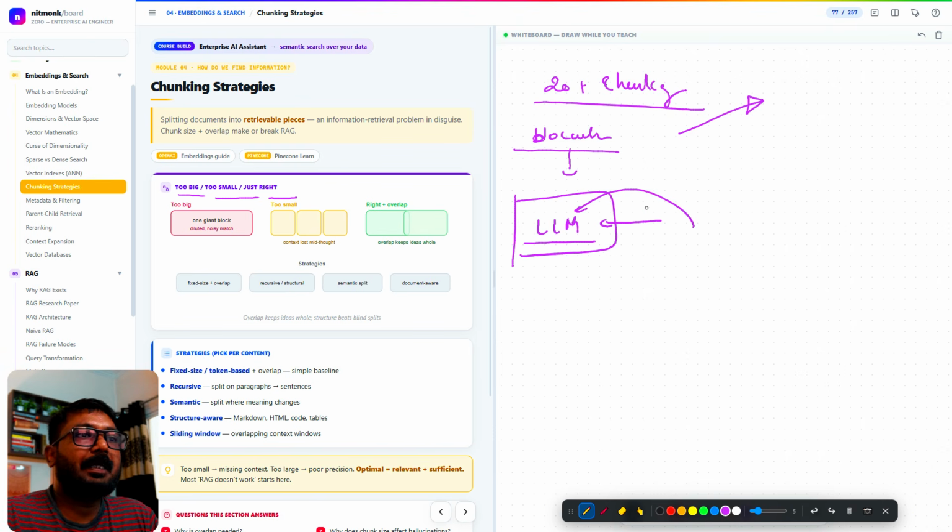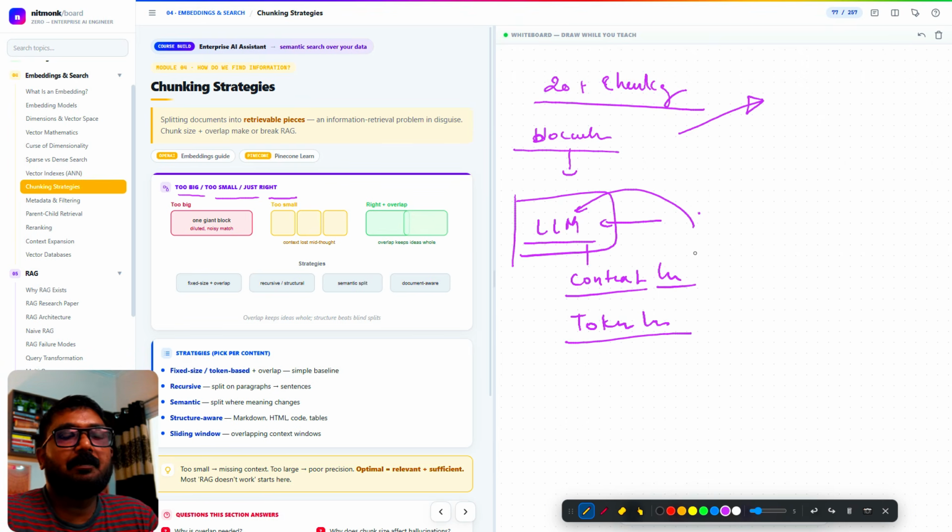You could pass the complete document, but that is too much for it to understand, and there is a context limit, a token limit, that we have already understood. We cannot pass more tokens than that, which is why we have to chunk it and make it a smaller size.